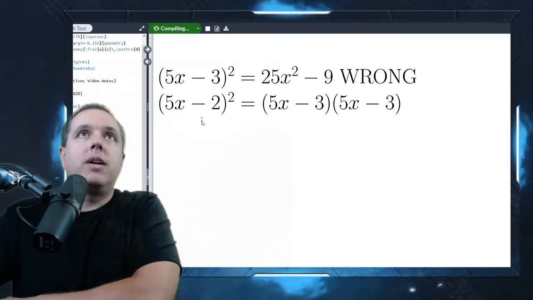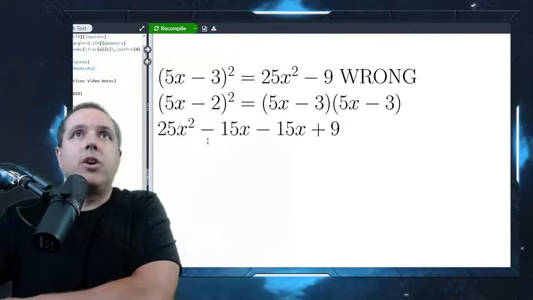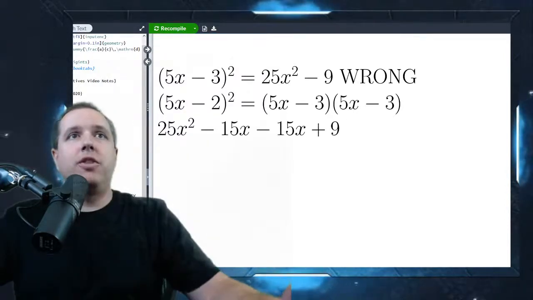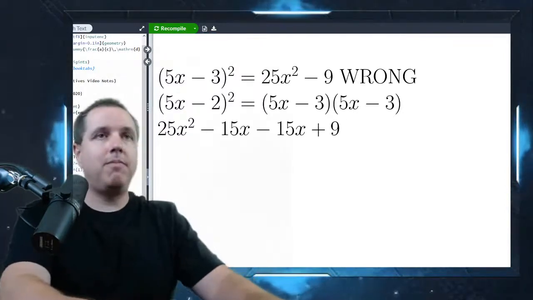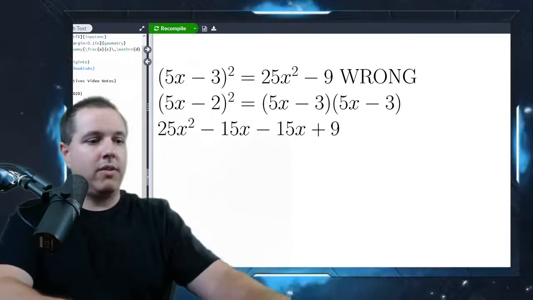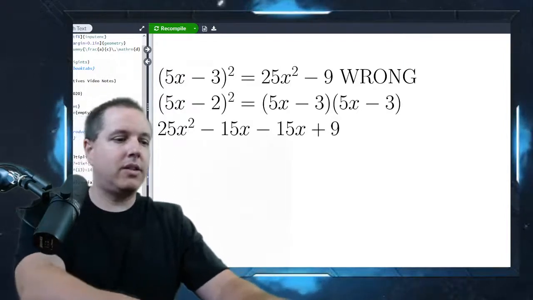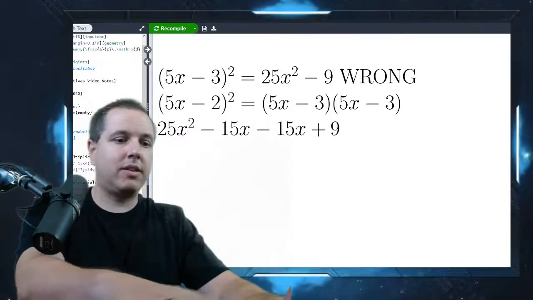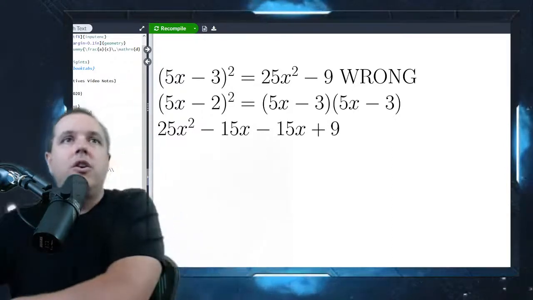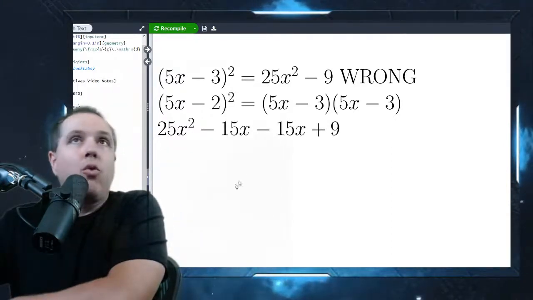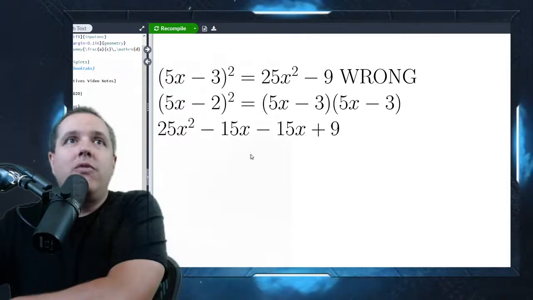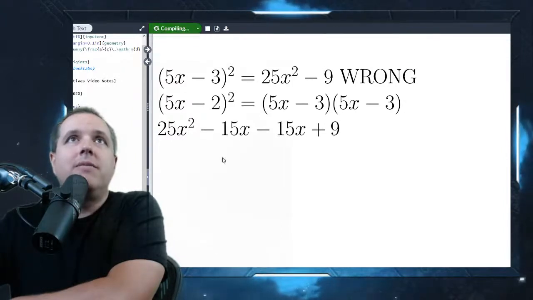So if you look at this, this whole thing should now simplify down to 25x squared minus 30x plus 9. Notice how the wrong way of doing it and the right way of doing it have some similarities.